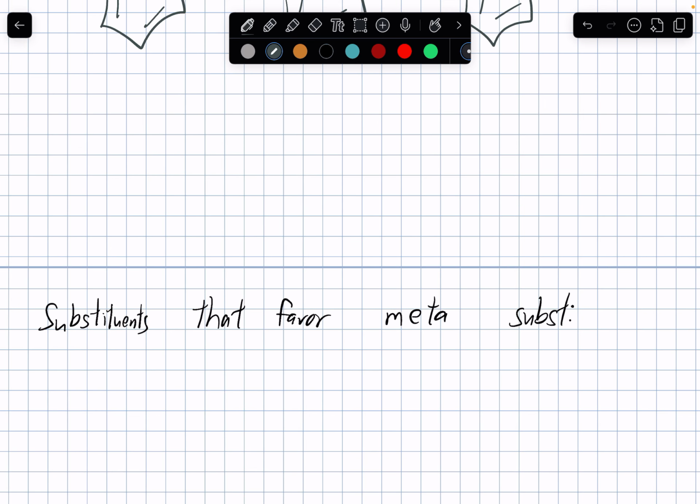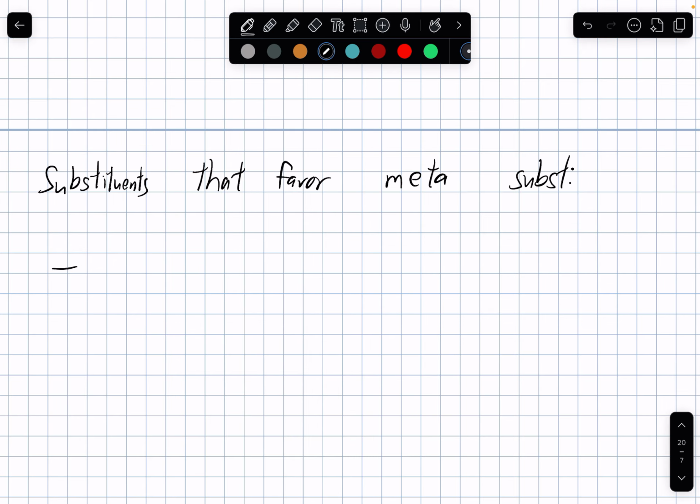Meta directors, basically. So number one in the list, substituents without lone pairs.